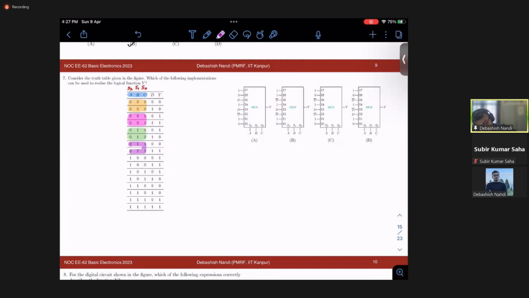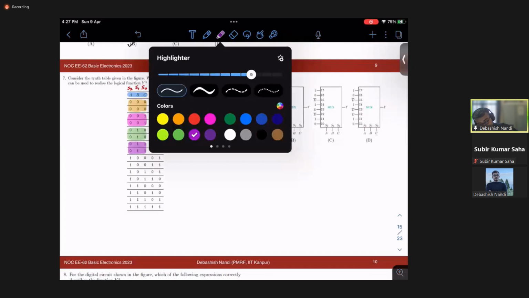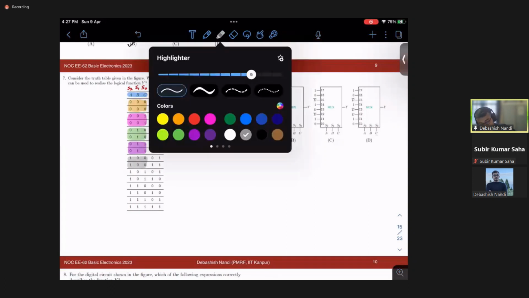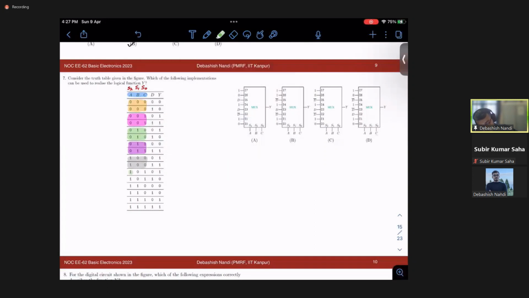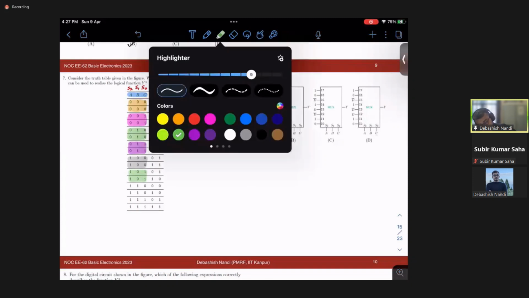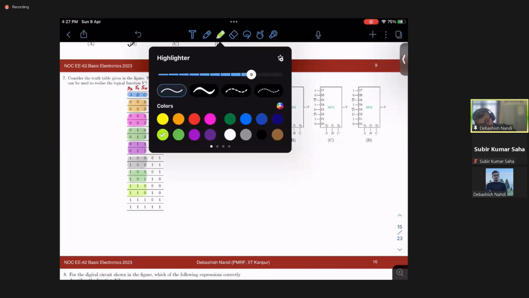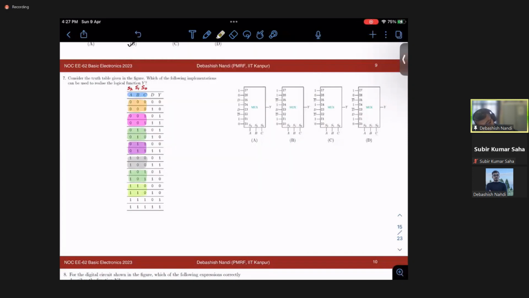Let's just make some colors here so that we get it very clear. Okay, so these are the 8 combinations of the select inputs.